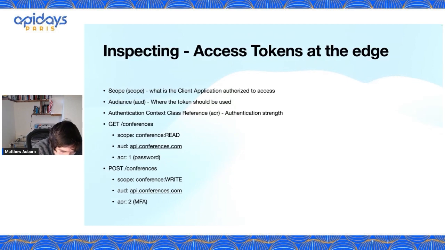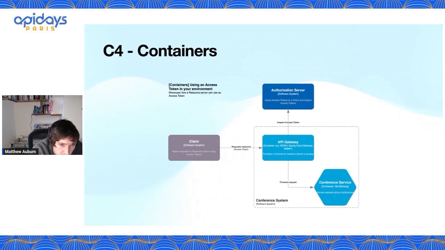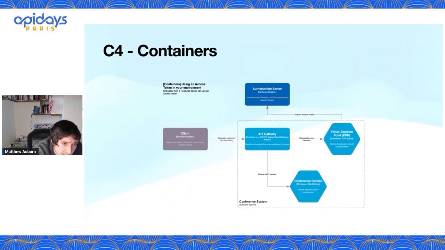So that's covered introspecting APIs. But where do you do this now within your architecture? Cool. So we've talked about, we want to do that at the edge. And you can embed all your policies within an API gateway, but I think a really nice idea is to try and put this in a PDP, something like OPA, and take the policies that you want to implement about access token introspection within a PDP.